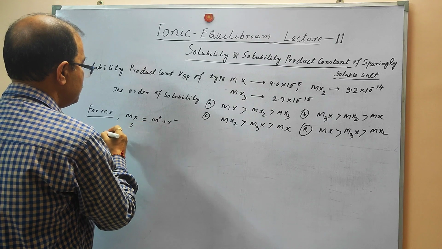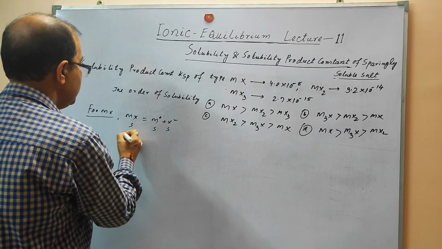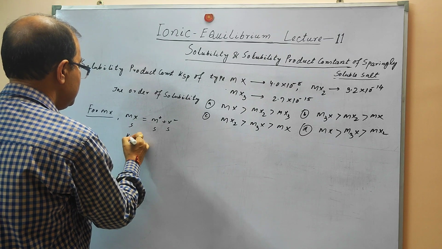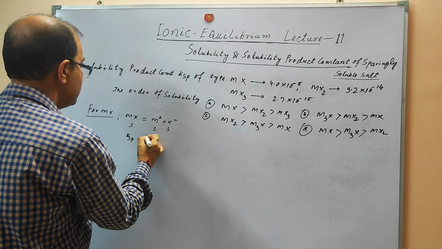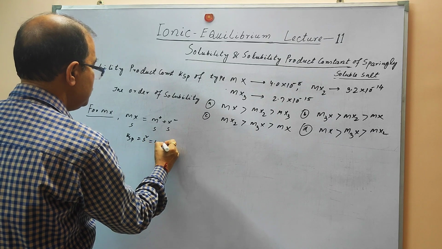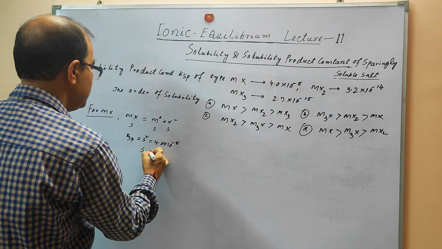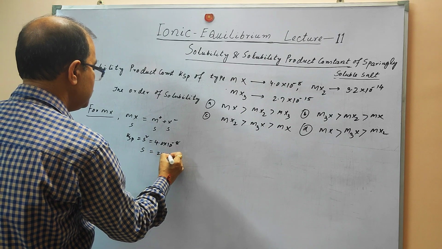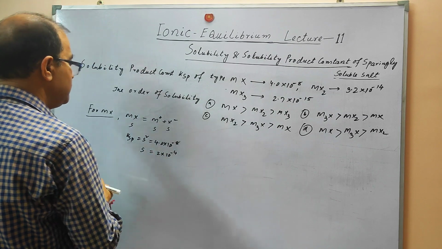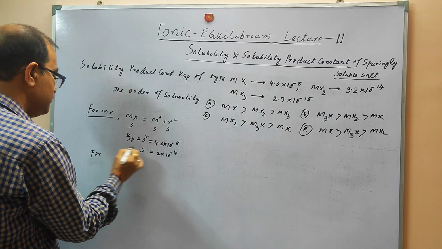Suppose the solubility is S, so this is S and this is S. So we get Ksp is equal to S square. Now it is given as 4 into 10 to the power minus 8, so we get S as 2 into 10 to the power minus 4. That is the solubility of MX.